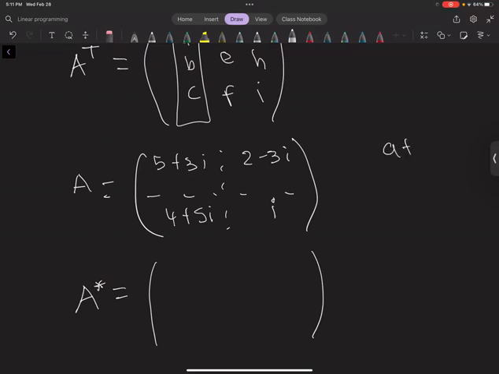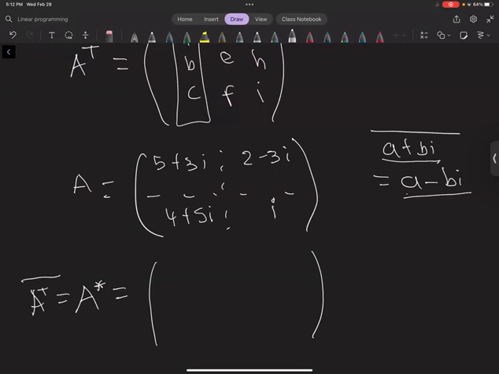Remember that the conjugate of a plus bi is a minus bi, okay? They are always together. a plus bi and a minus bi are like married, because if a plus bi is a solution of an equation, a minus bi also is going to be a solution of the equation. So this is the transpose and the conjugate.